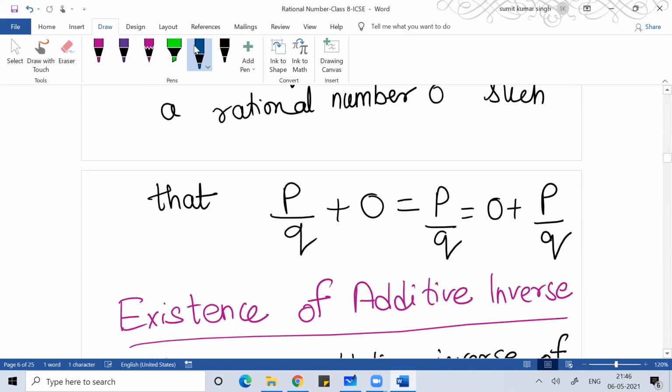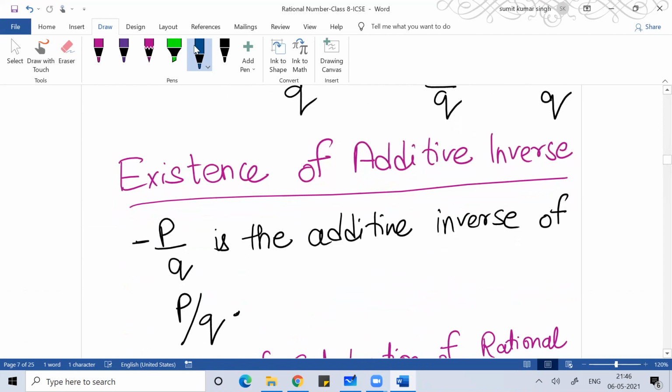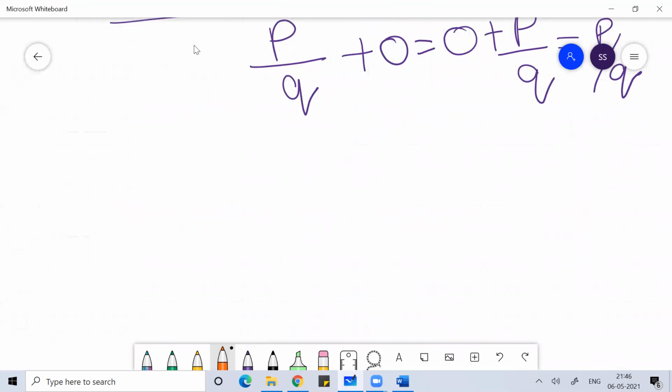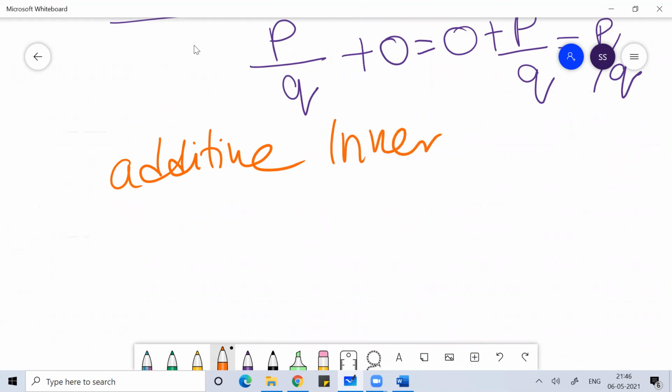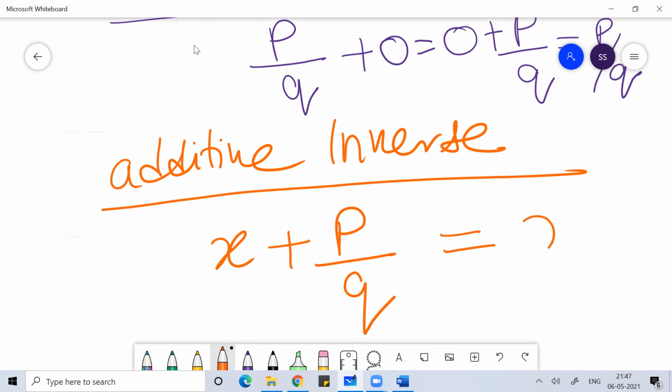Then there's something called additive inverse. The additive inverse is the negative value of the rational number. What do you mean by the additive inverse of a rational number? It means: what should I add to p by q so that I get zero, the additive identity?